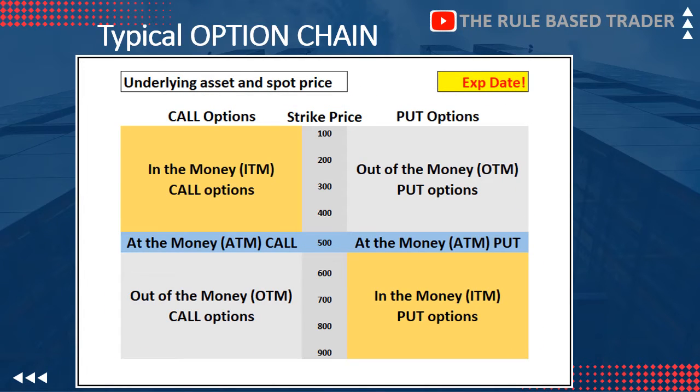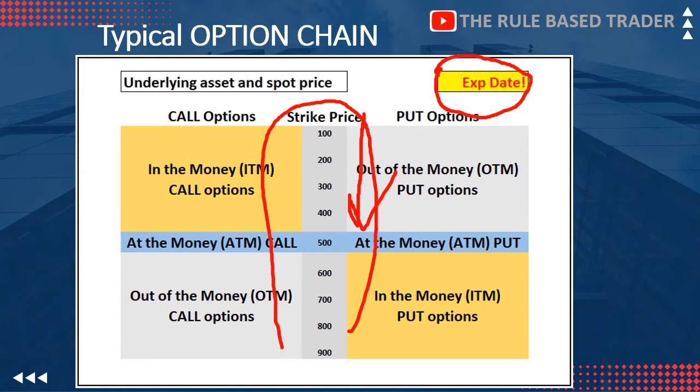The expiration date is located on the upper right or on the upper left whenever you open an option chain. Please take note that as you move downwards, the strike prices are increasing. That's how an option chain is designed.